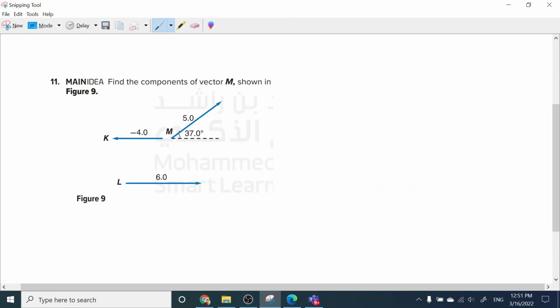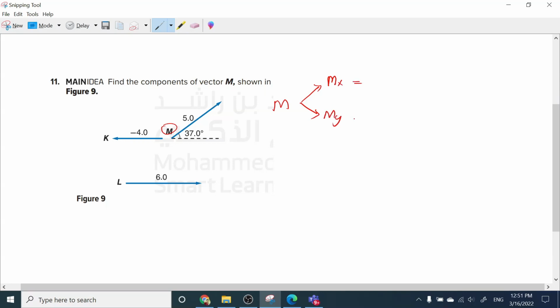Here, for vector M, we know that every vector has an X component and a Y component. Here you can see the value of the vector M is 5 Newton. So we will divide this vector M into 2 components, Mx and My.